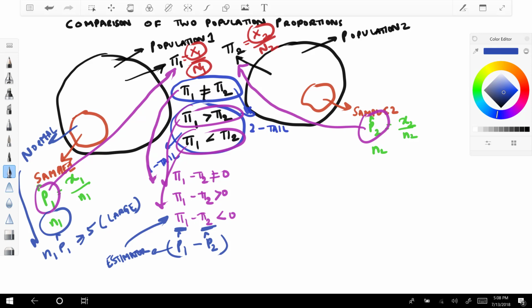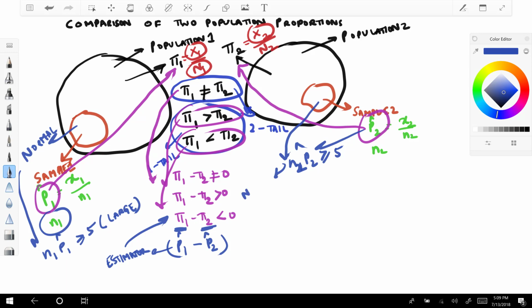Similarly, here we can do the same thing and say if n2 p2 hat is greater than or equal to 5, then this sample would also be normal.